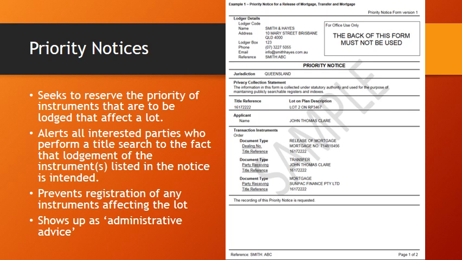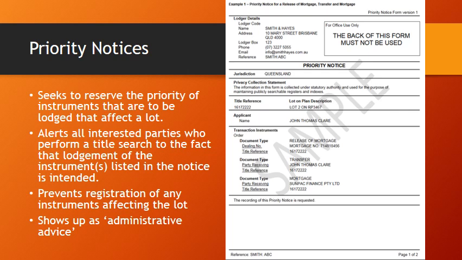Now we have this concept of a priority notice, which seems to me to be a bit broader. Essentially, a priority notice is this form you can see on the right-hand side, which seeks to reserve the priority of instruments that are to be lodged that affect a lot. So you can see a priority notice for a release of mortgage, a transfer, and a mortgage on the right-hand side.